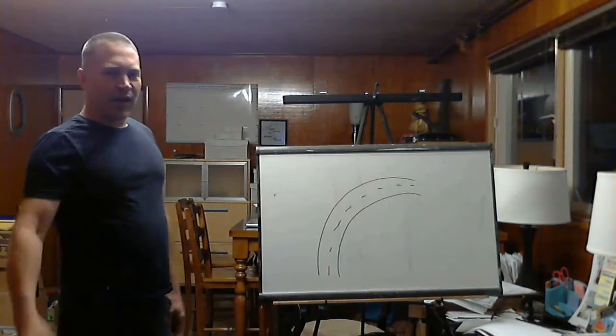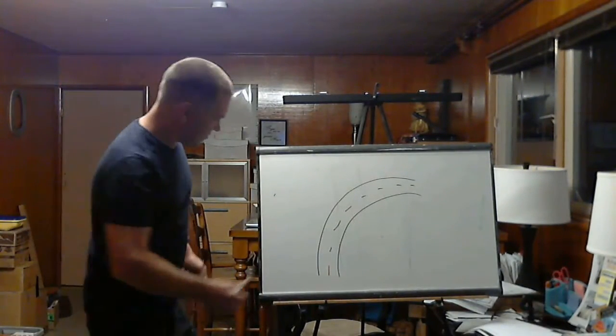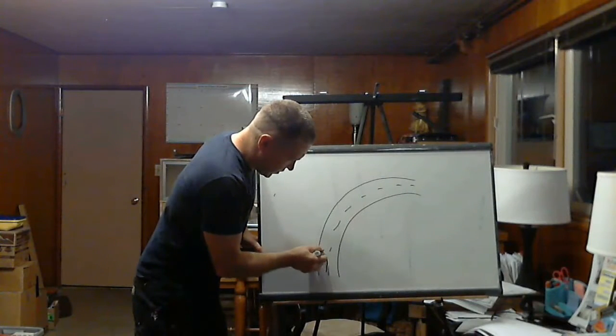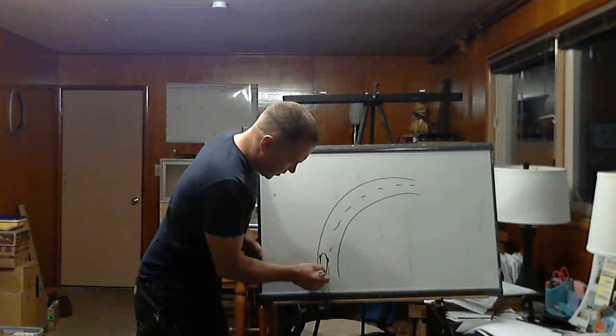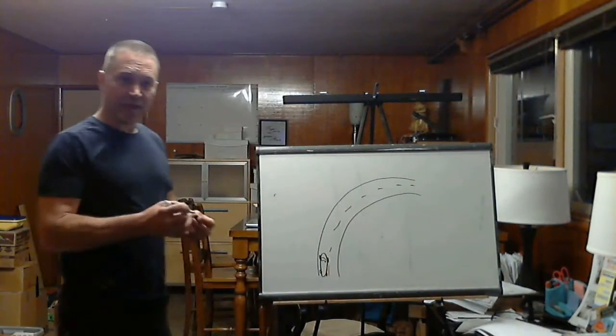Okay, it's a real rookie mistake to go into a corner too fast. And then what does somebody do when they go into a corner too fast? Usually the wrong thing. Usually they hit the brakes.